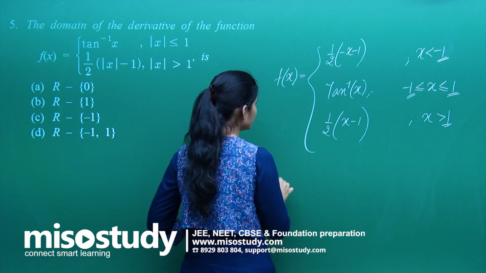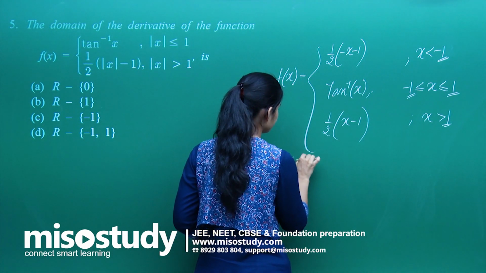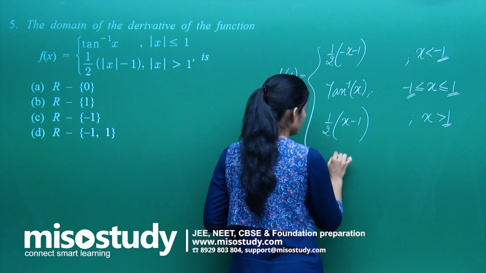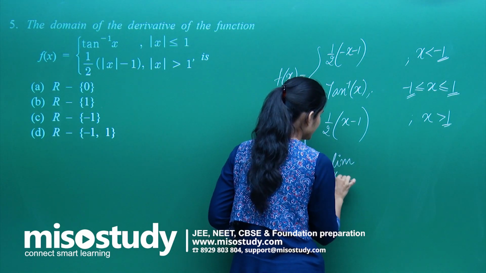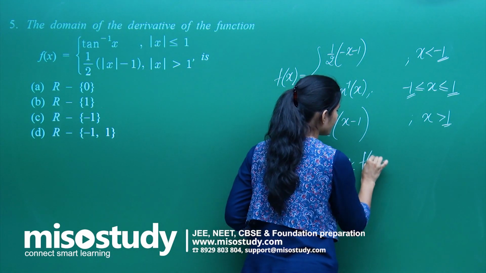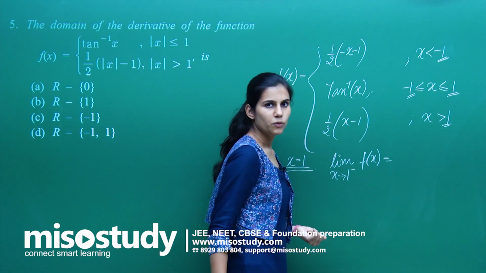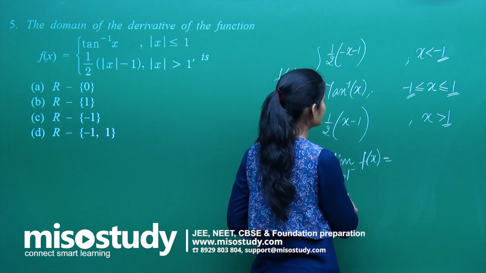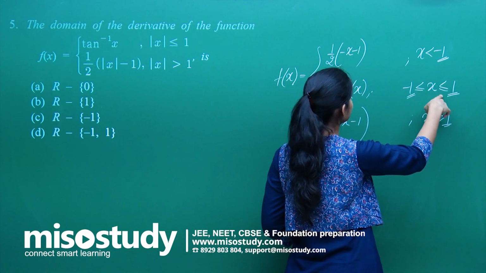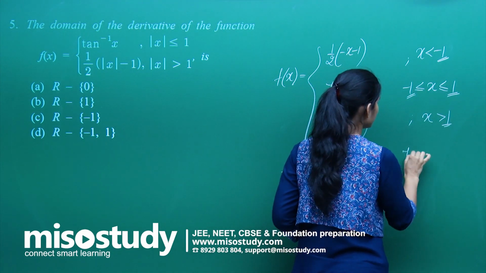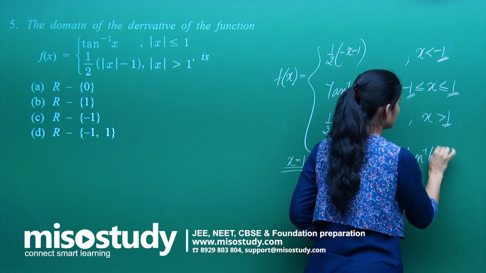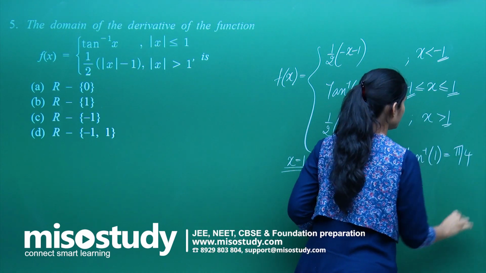So first of all, let me talk about x equals 1. Limit x tends to 1 from the negative side, f of x. From the left, it is tan inverse 1, which is pi by 4.